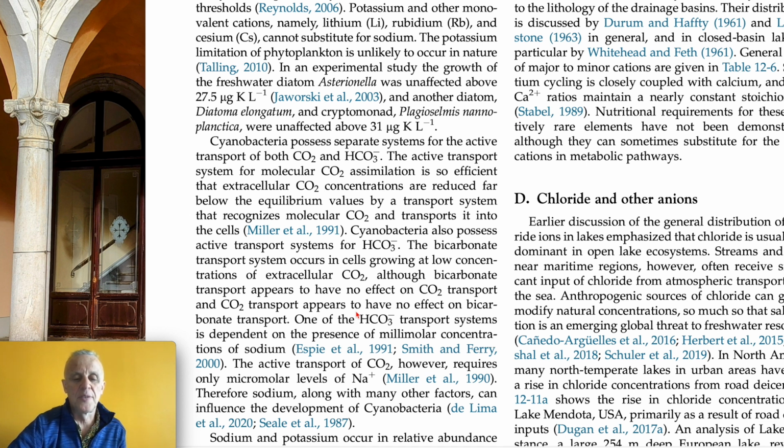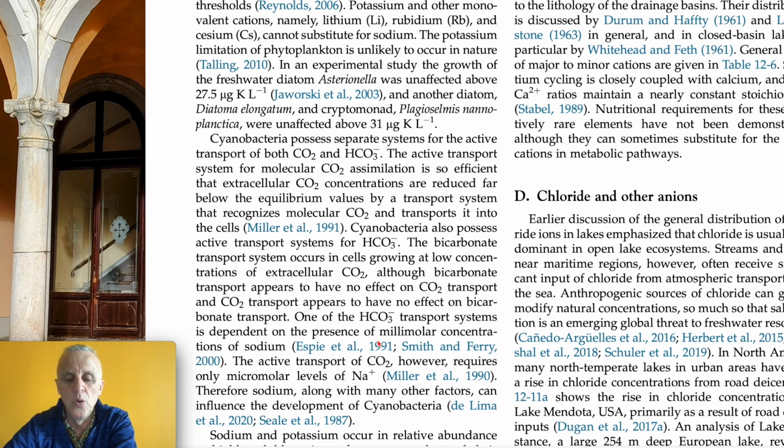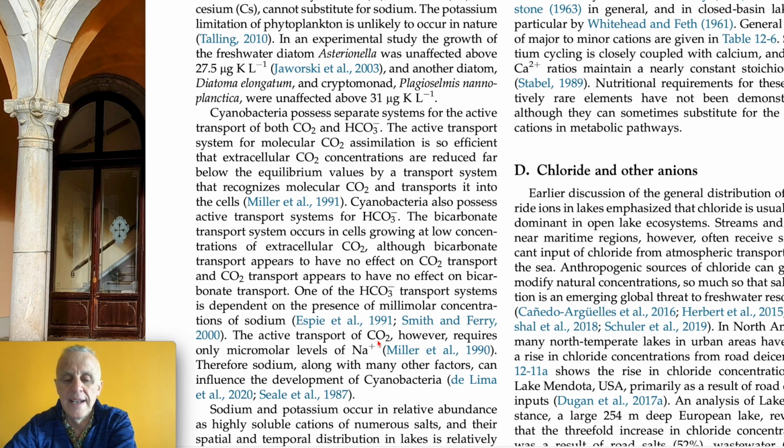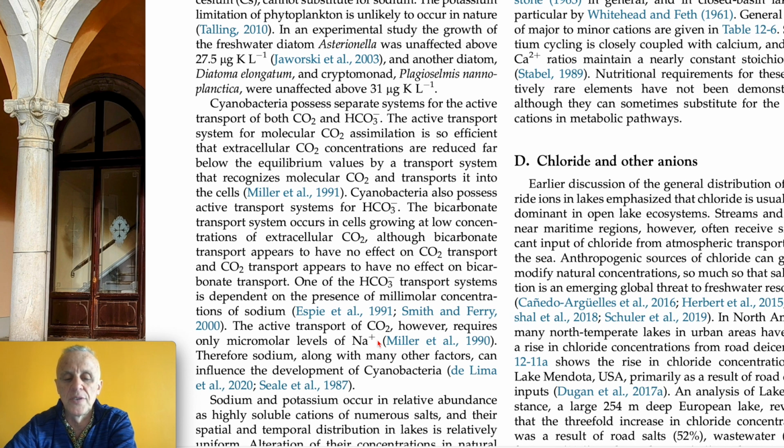The bicarbonate transport system occurs in cells growing at low concentrations of extracellular CO2, although bicarbonate transport appears to have no effect on CO2 transport, and CO2 transport appears to have no effect on bicarbonate transport. One of the bicarbonate transport systems is dependent on the presence of millimolar concentrations of sodium. The active transport of CO2, however, requires only micromolar levels of sodium. Therefore, sodium, along with many other factors, can influence the development of cyanobacteria.